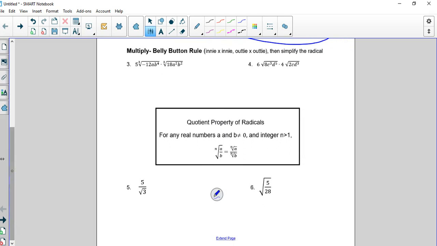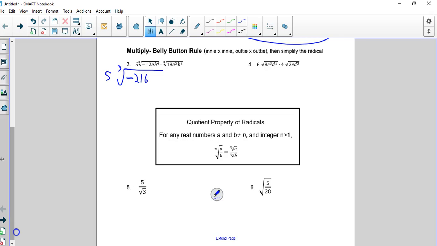Okay, what we've been doing, outie, outie. So on the outside we have 5. And then we have the cube root of negative 12 times 18, which is negative 216.